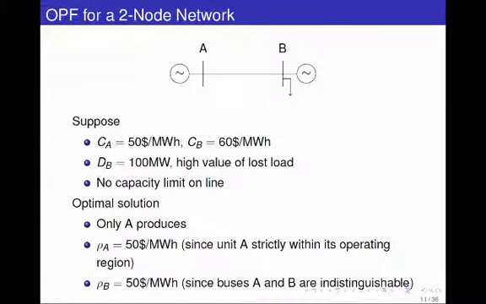Okay, how about rho B? Can we say anything about rho B? We had these three cases. Generator is at 0, strictly within operating region, or at maximum limit.